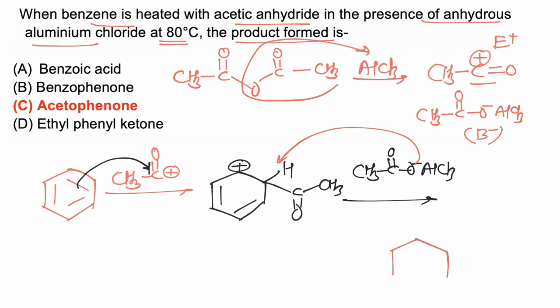So aromaticity is regenerated along with formation of acetic acid, and AlCl3 is free again, and hence the correct answer is C. Acetophenone is formed as the final product.